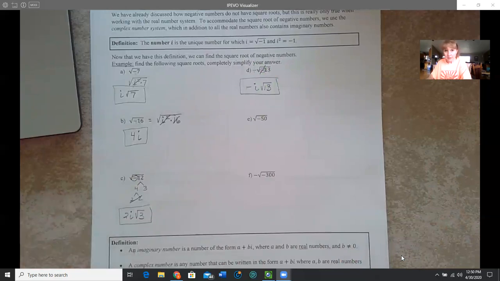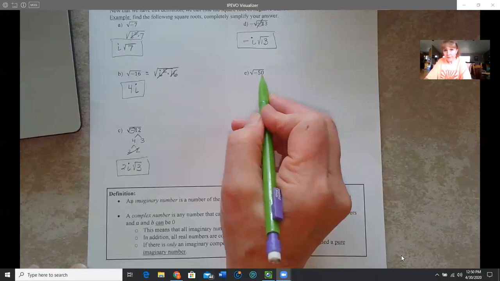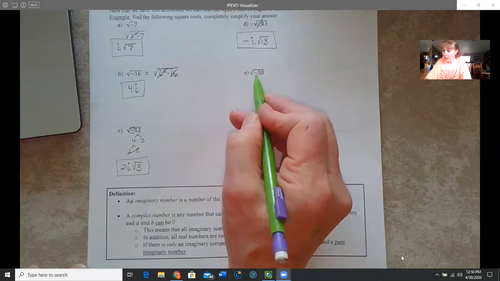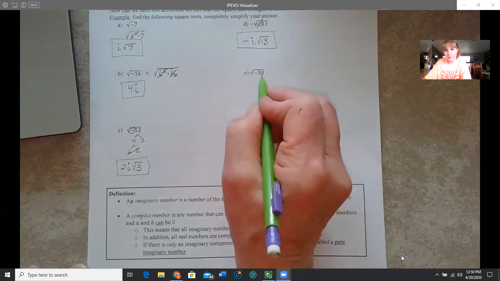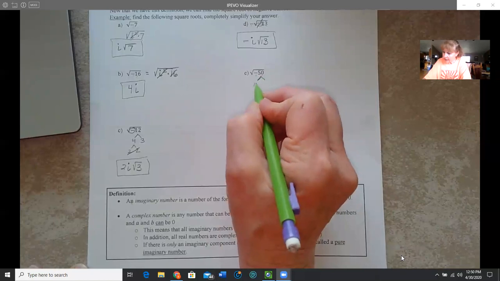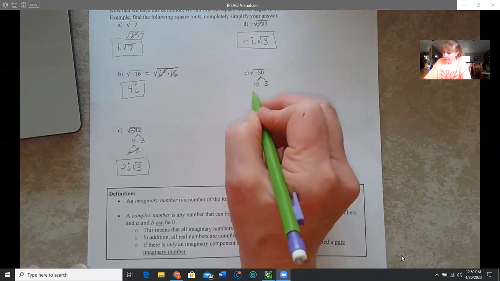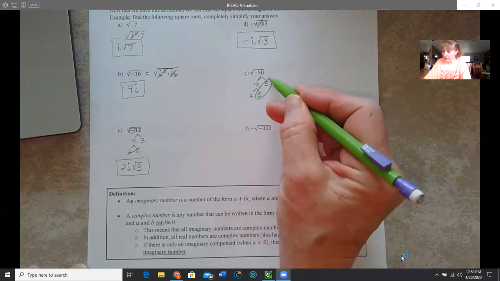All right. Let's look at another one. We have a -50. So we know the negative will come out as an i. But what about the 50? Can it be reduced? Let's go 10 times 5, 2 times 5. We have 2 of those. They'll come out.